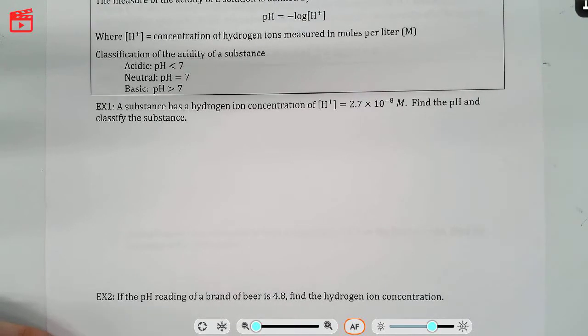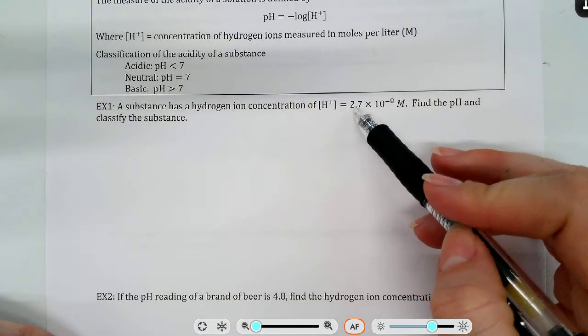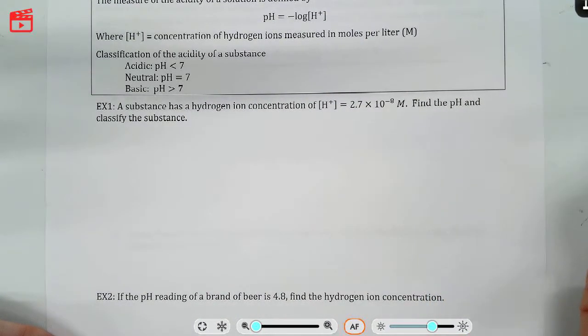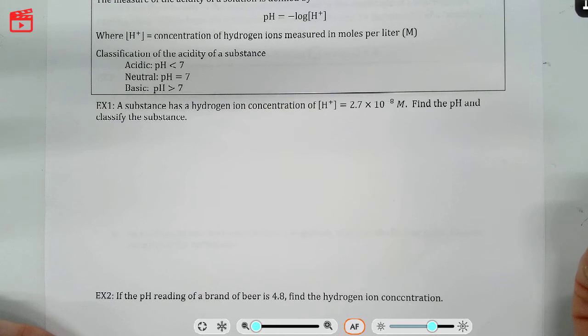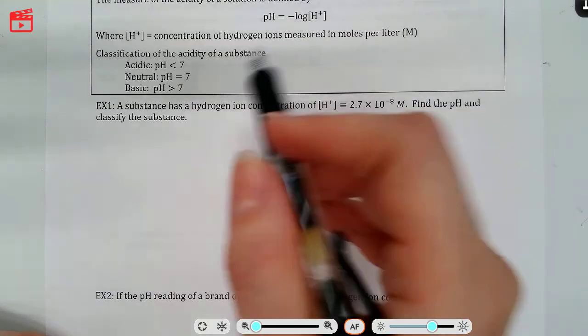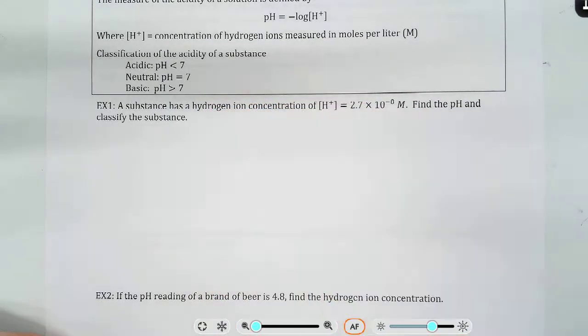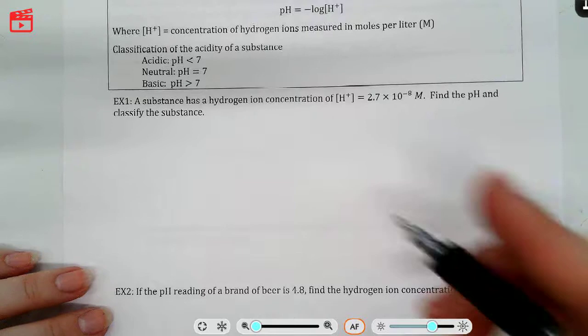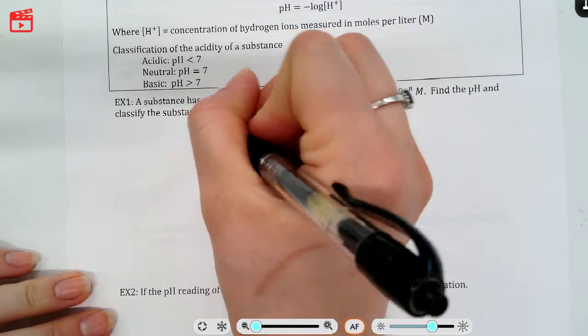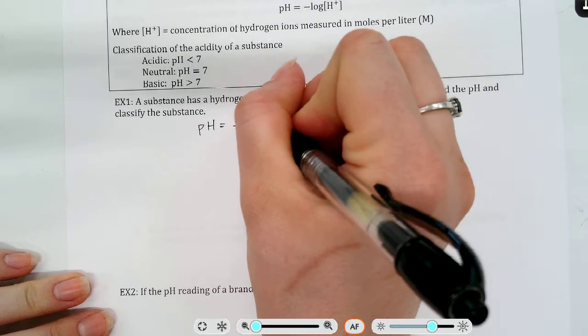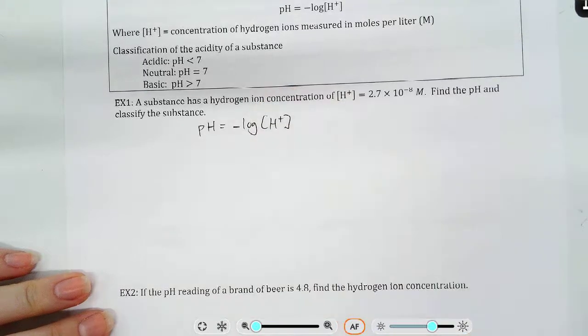A substance has a hydrogen ion concentration of H plus equal to 2.7 times 10 to the negative 8 M. Find the pH and classify. We're going to find the pH value and then classify whether it's acidic, neutral, or basic. We know pH equals negative log H plus.